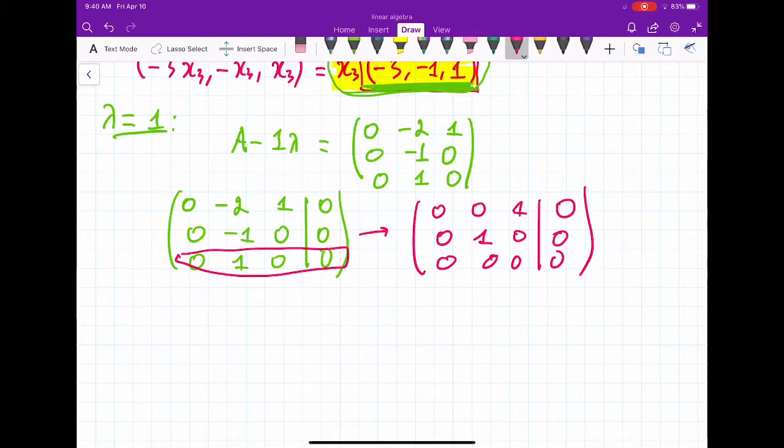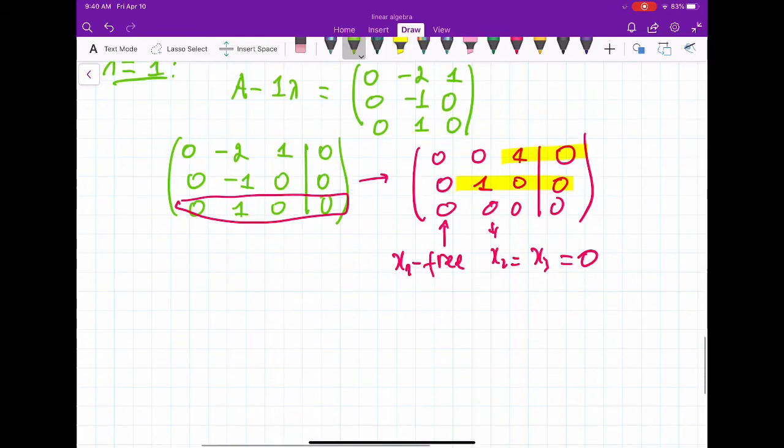So from here we see that x1 is free, and x2 equals x3 equals 0. Because when you set this equal to 0, x2 is 0, and you set this equal to 0, x3 equals 0. So the general solution looks like this: x1, 0, 0, or x1 times (1, 0, 0).